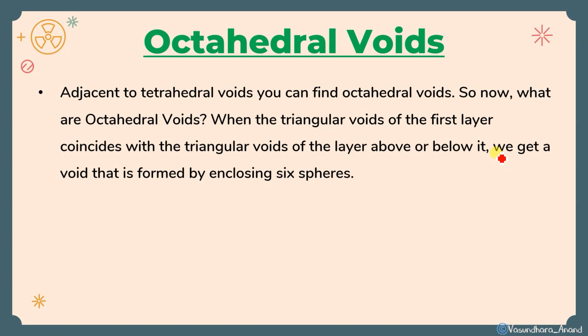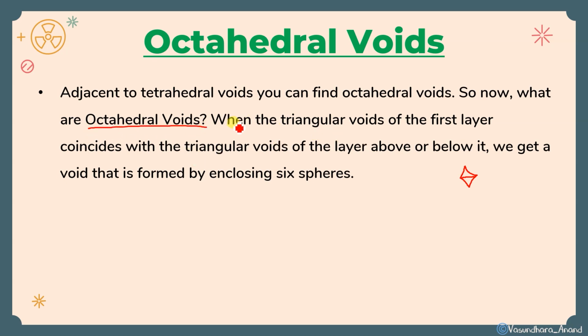Whatever layer we are keeping, whatever the depression is there, it will remain the same, and the next layer will also keep the sphere, not in the depression of that layer. So in that case, it will give you a double triangular void, a double triangular shape. I will show you in a further slide. It will give you the shape like this. This is called double triangular. So if it is double triangular, then it will be called what? Octahedron.